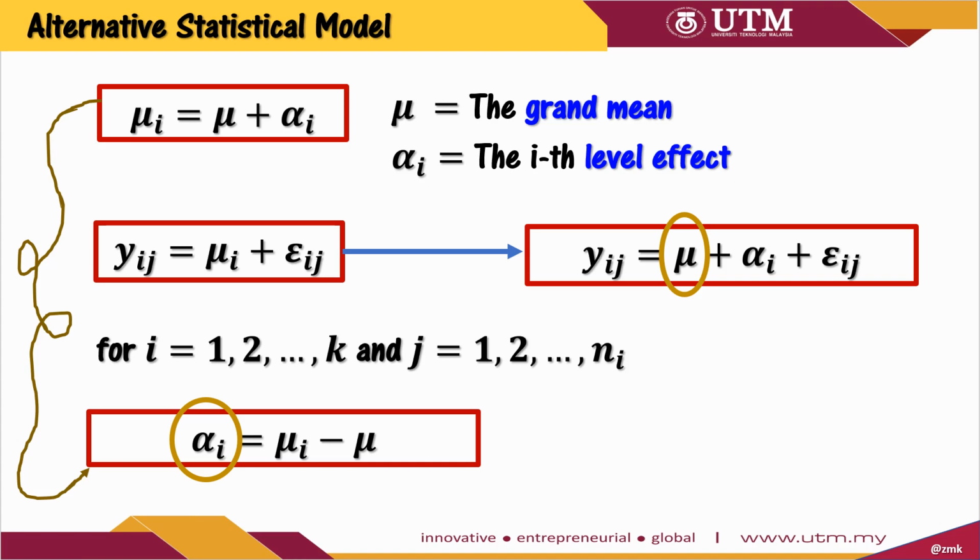The estimation procedure can be through a least square method, which is not covered in detail in this course. But using the method of least square, we shall have a constraint that the sum of all level effects must be equal to 0.